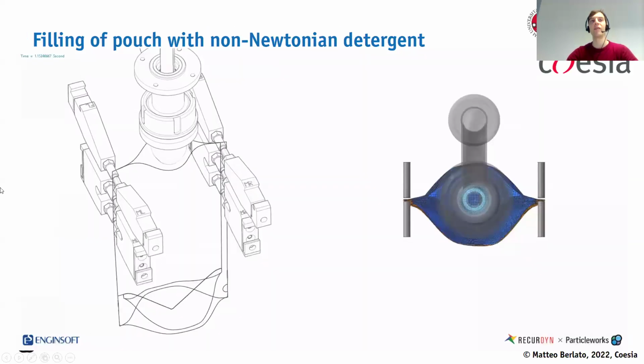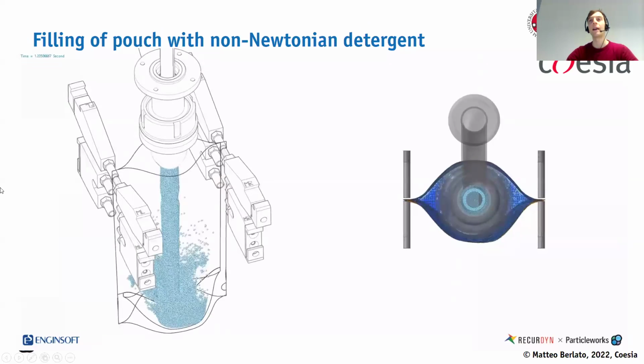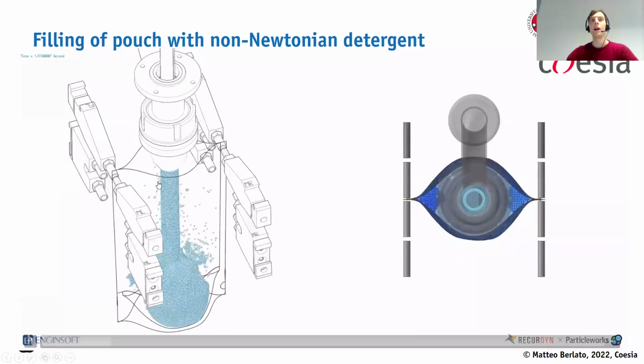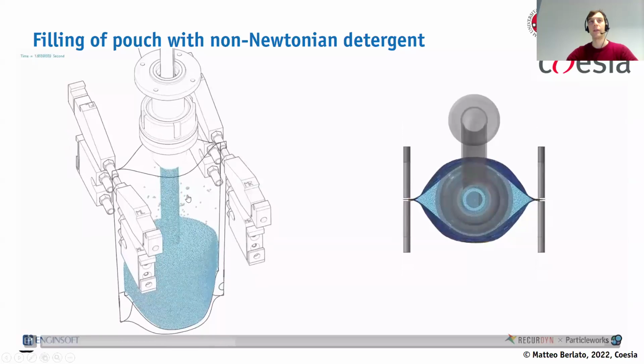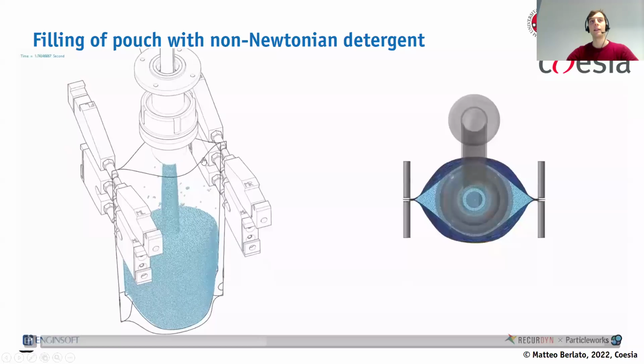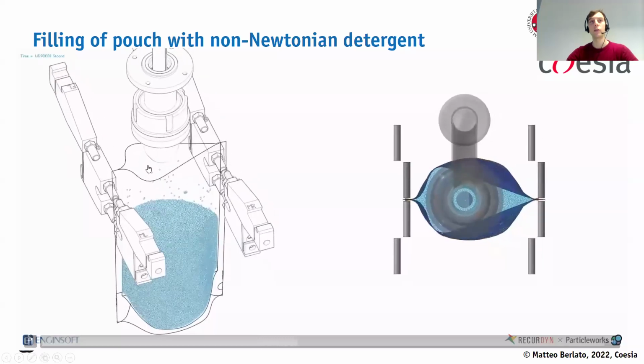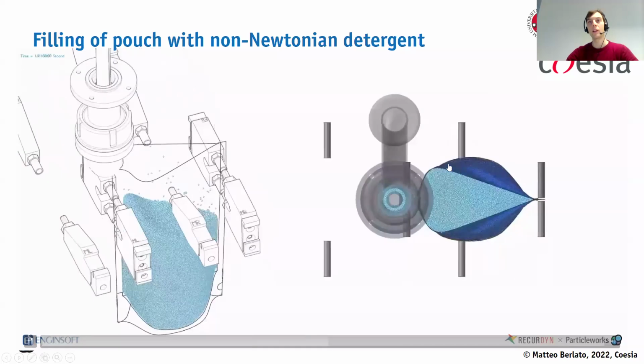So let me just show you a video that shows the entire filling process. So you have to imagine a non-Newtonian detergent here. You can see that there is the first stage that is the filling stage. Then detergent is finished filling. Then it's moved. The pouch is moved.